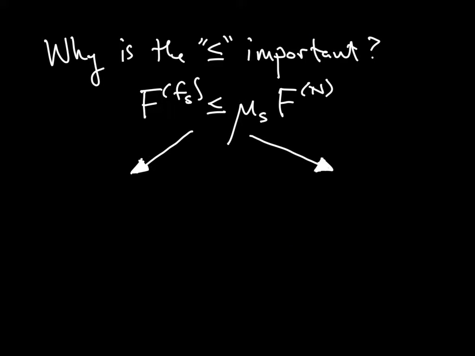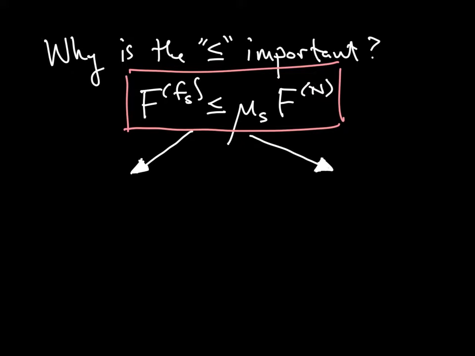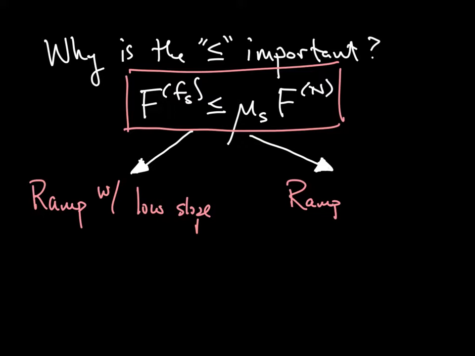And so I want to ask, and hopefully we answer in this screencast, the question: why is the less than or equal to sign important? And we're going to answer that question by considering two cases. We're going to talk about what happens with motion on a ramp with low slope, and motion on a ramp with high slope.